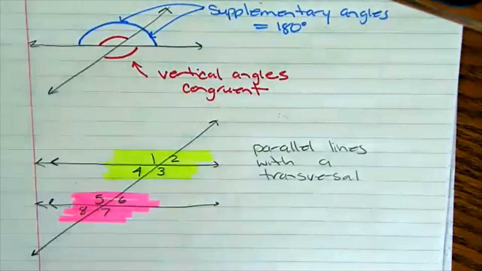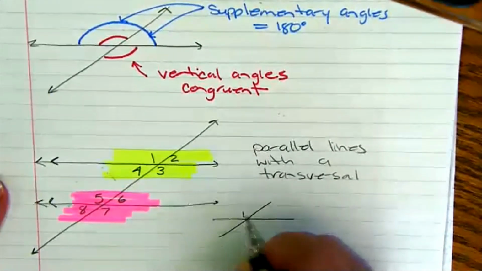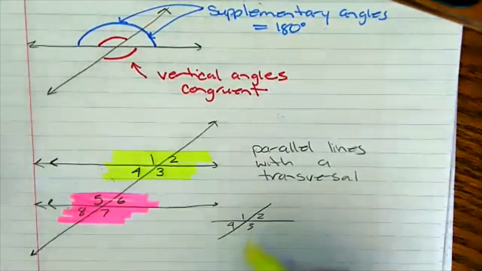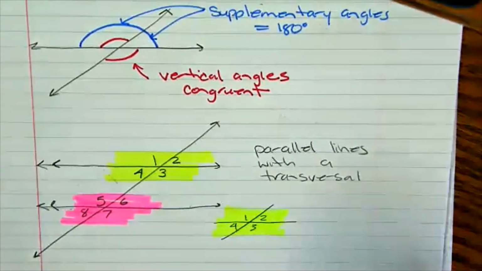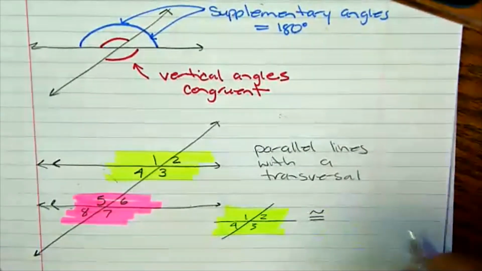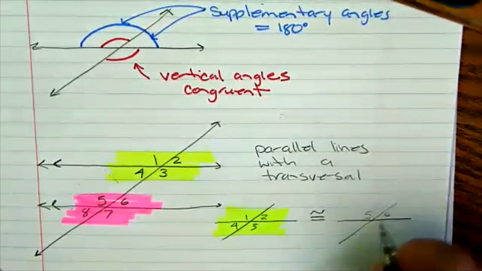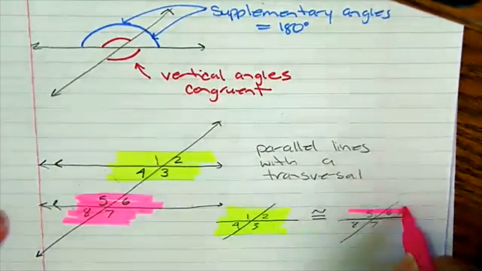So looking at that, we can say angles 1, 2, 3, and 4, the yellow, are congruent to angles 5, 6, 7, and 8, the pink.